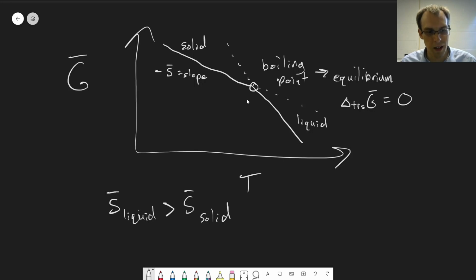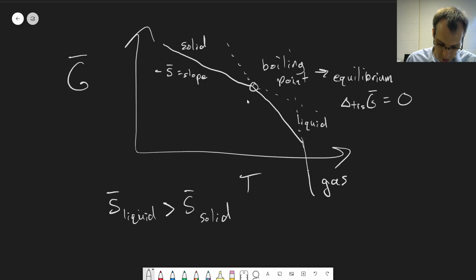And this is a general trend that's going to be true for gases as well. As we go to even higher temperatures, we're going to add another phase down here with a much larger slope, and this is our gas, because the largest entropy is in the gas phase.